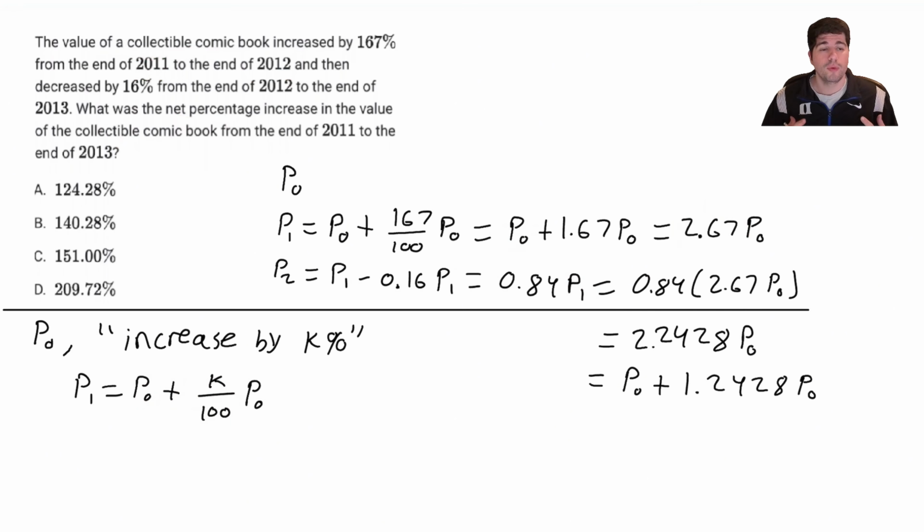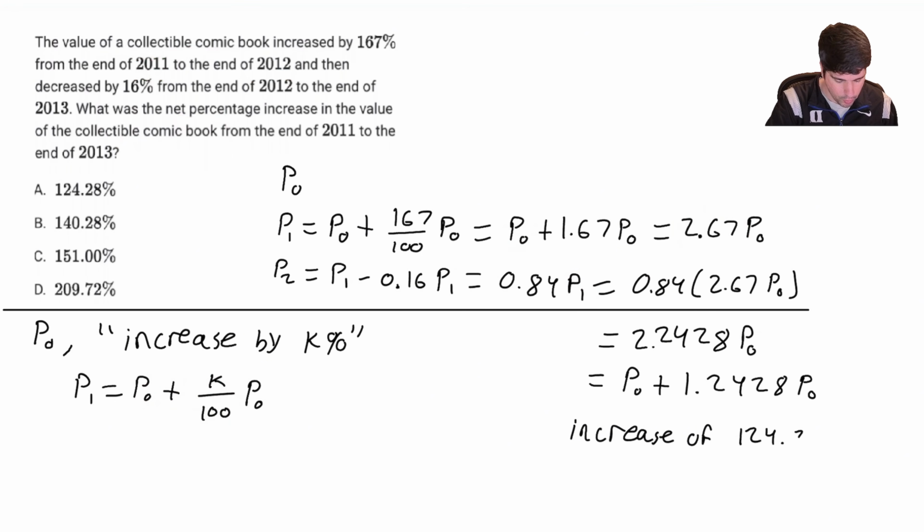Because remember, we said that's what it means to increase by a certain percentage, right? So we have P0 plus 1.2428 times P0. This means that we had an increase of 124.28%, which is option A.